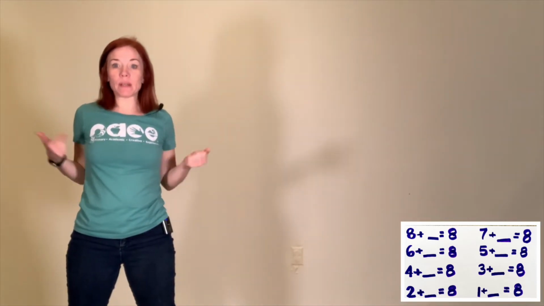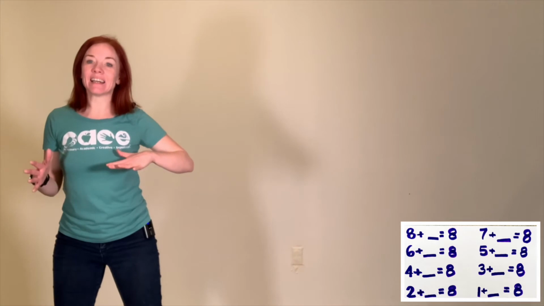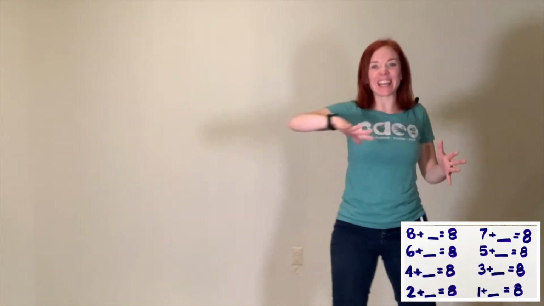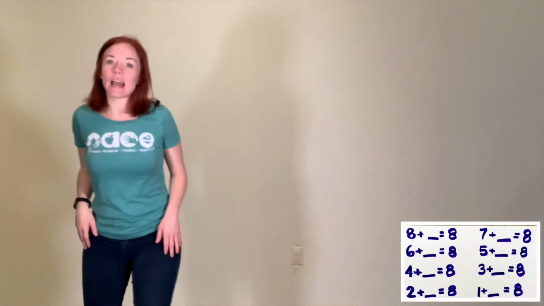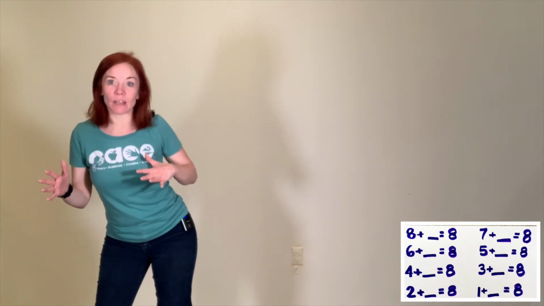Okay, we're doing 3 plus what equals 8? 1, 2, 3 plus what equals 1, 2, 3, 4, 5, 6, 7, 8. Let's see. So we have 1, 2, 3. Let's see how many more moves we need to do. We're going to keep counting. 4, 5.